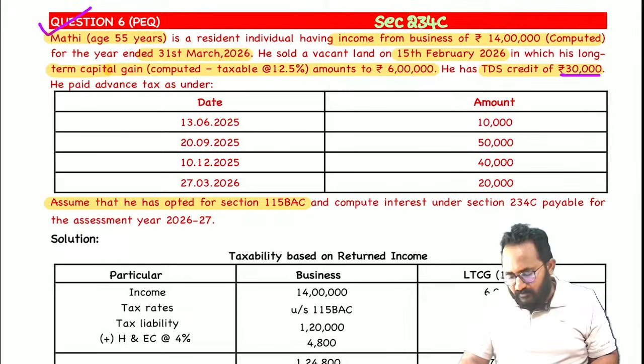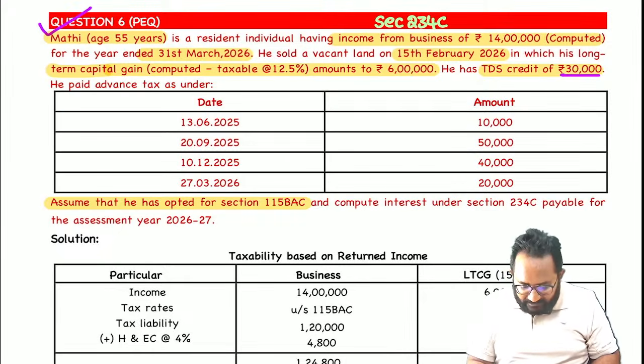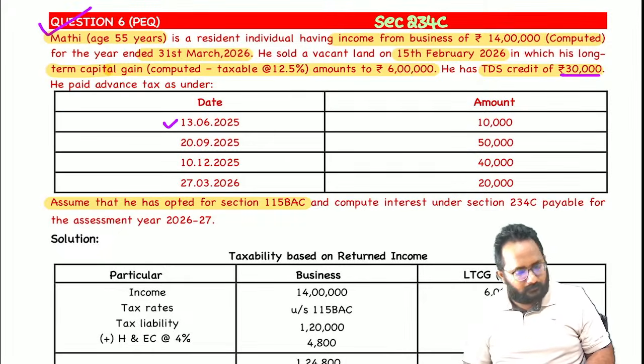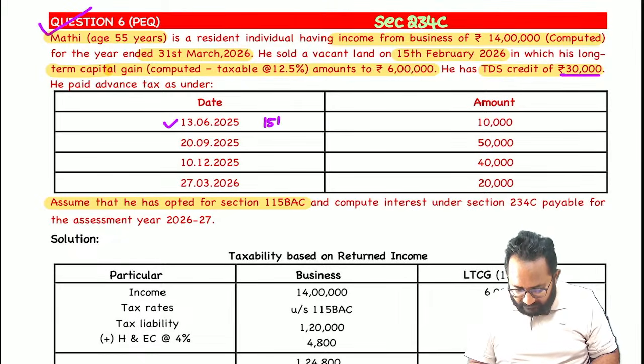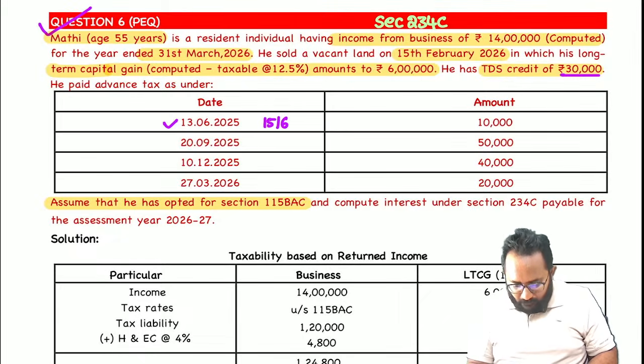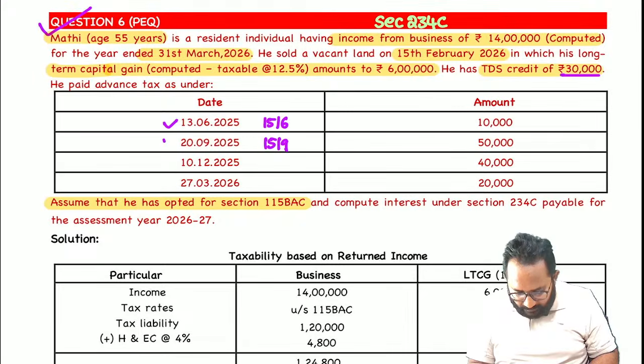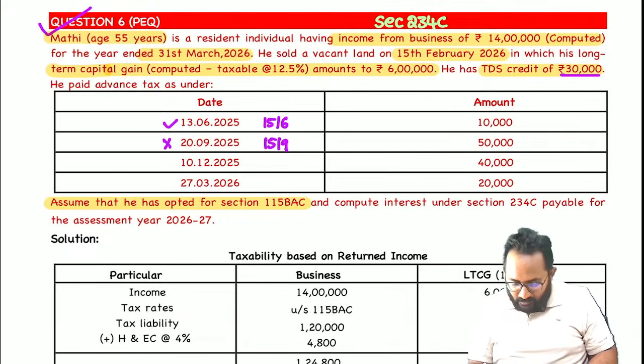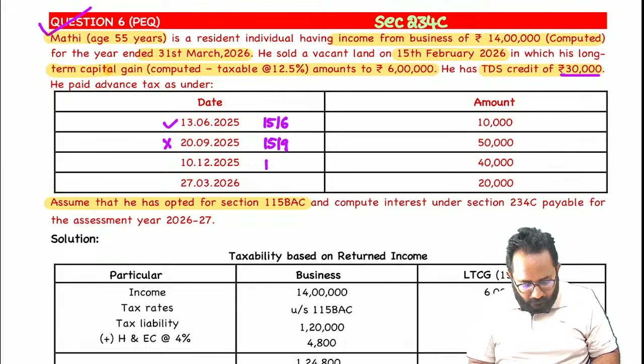How much advance tax did she pay? Whether it is paid before the due date. Yes, on 15th June it was paid before the due date. On 15th September, whether we paid or not? On 15th December we paid, yes.